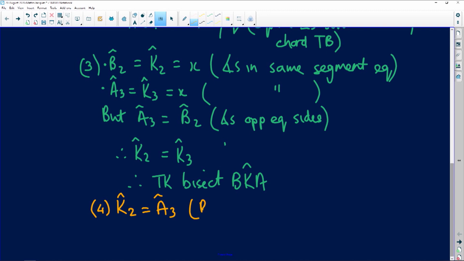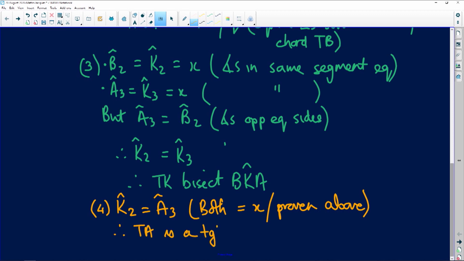Okay, and if you want to, you can say they both equal x, or we've proven above. One of the two. Okay, but that's the point. Therefore, TA is a tangent, and the short way to write tangent is TGT, to the circle that can be drawn around A, H, and K. Why is that so? Well, this is converse Tan Chord Theorem.